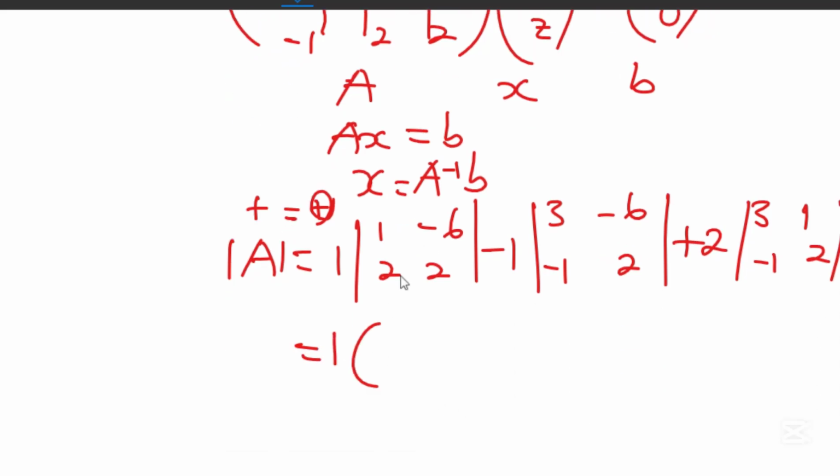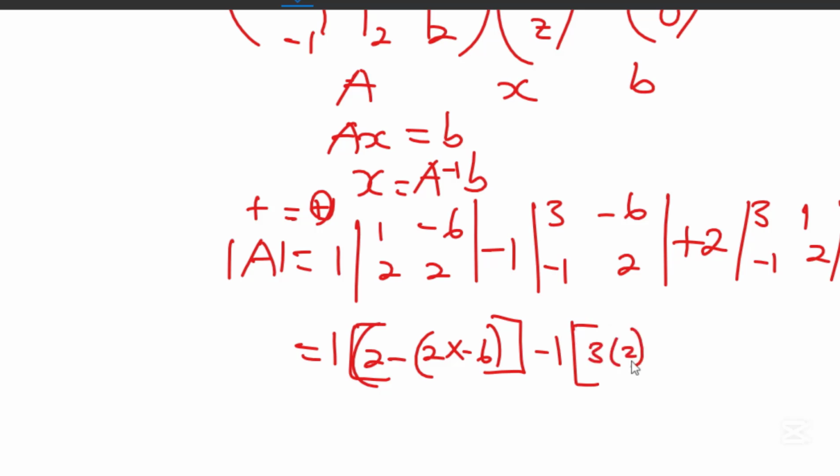So 1 into bracket 2 times 1 is 2 minus 2 times negative 6, bracket close, minus 1 into bracket 3 times 2 minus negative 1 times negative 6, bracket close, plus 2 into bracket 3 times 2 minus 1 times negative 1, bracket closed.